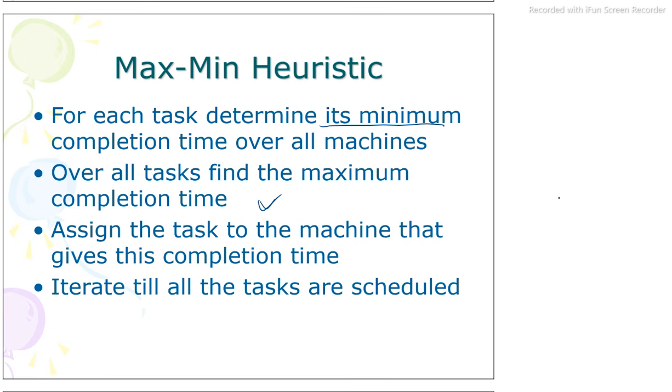So out of those minimum completion times, we need to find the maximum completion time. That's why the name is max-min heuristic. Then assign the task to the machine that gives that completion time. Then this process will iterate till all the tasks are allocated to a particular machine.